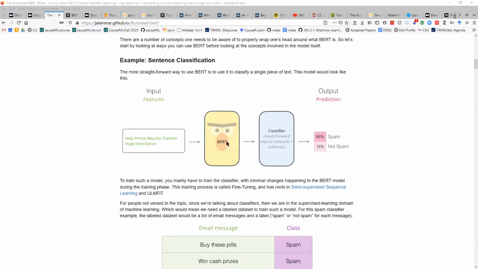It goes through BERT. At the end of BERT is just a classifier, which is a feed-forward network plus a softmax, and then out comes the prediction. Note that since we have a softmax network, we can make multiple label predictions, so it doesn't just have to be a two-class problem.